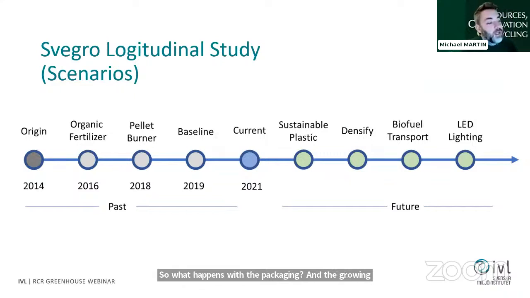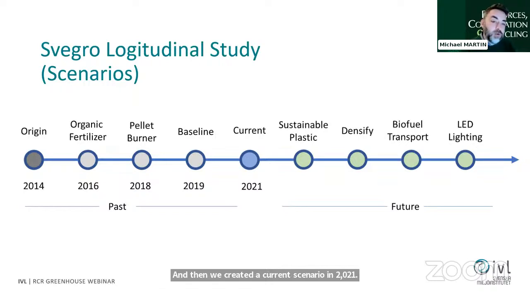What we did in this study is we started with a baseline, and then we made backcasting and future scenarios to understand what actually happened. So again, if you remember, I said they wanted to know what happened when they did these improvement options, and what it led to. We worked from the baseline data that we got for 2019, and then we created a current scenario in 2021.